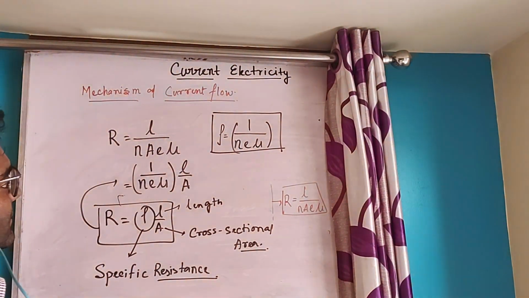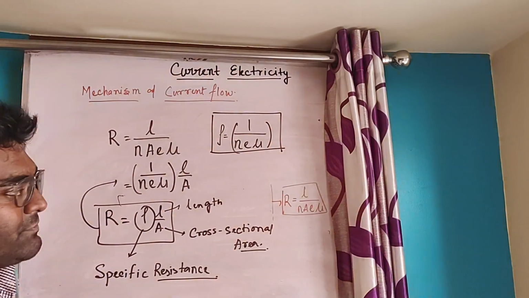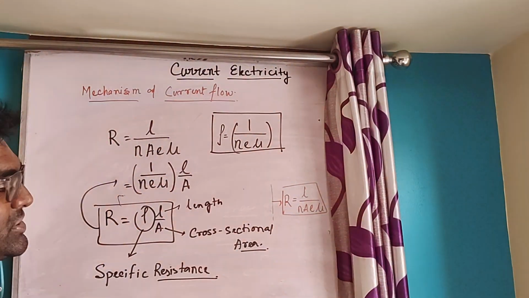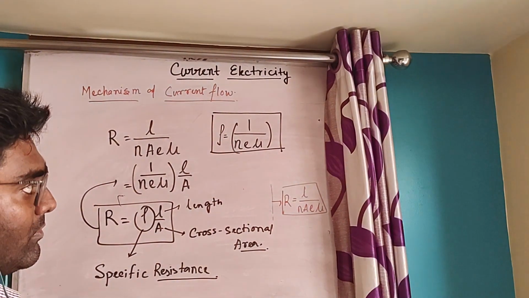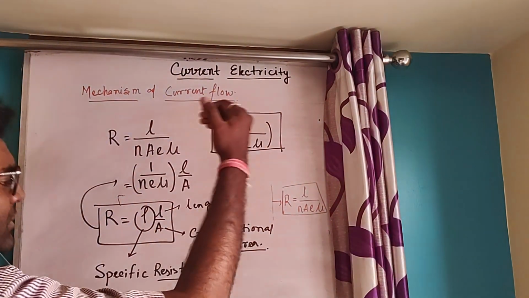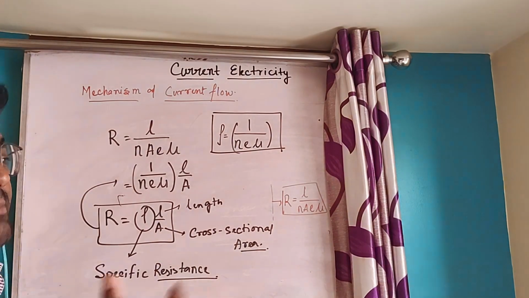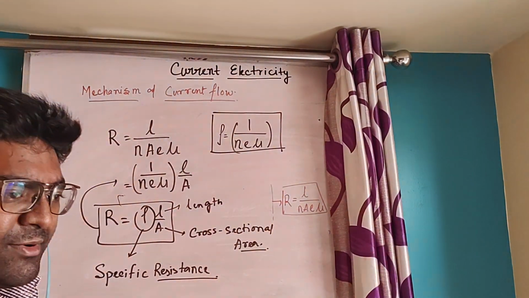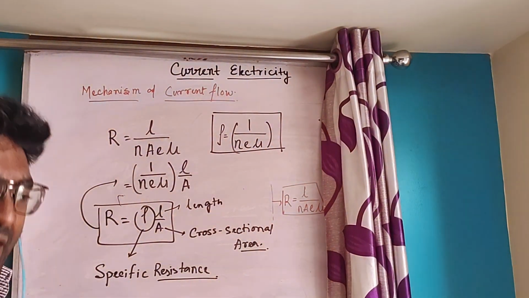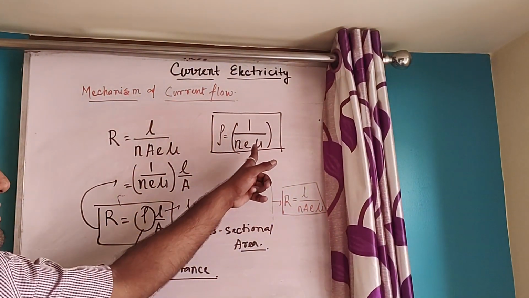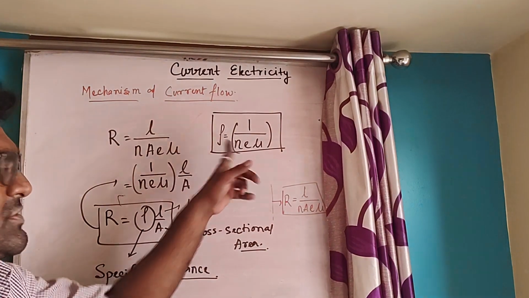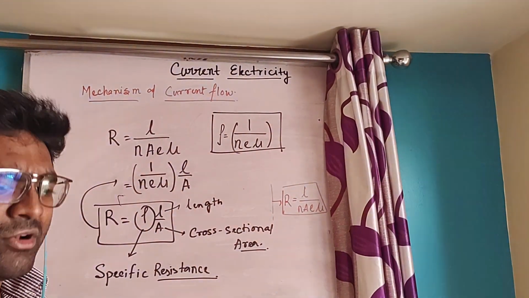So specific resistance depends on the number density of the electron, the charge of the electron, and the mobility of the electron. For different materials, suppose I am talking about silver or copper, the number density will change and the mobility will change. Obviously, the charge of the electron remains constant for all conductors.